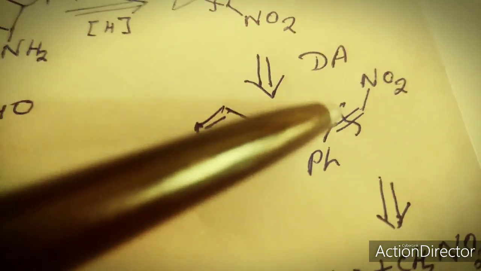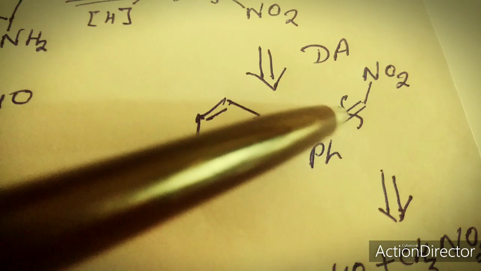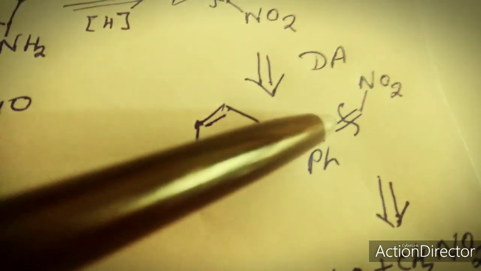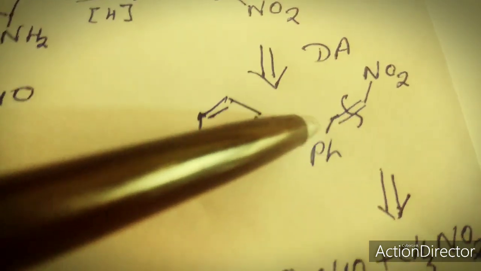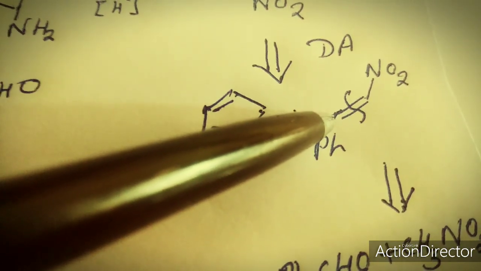Can we disconnect this further? Now as soon as we see these two, again NO2 as we did earlier, and this other group, automatically we disconnect it at the alpha beta level. These two carbons are disconnected.